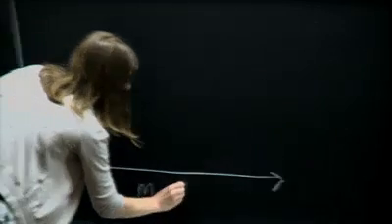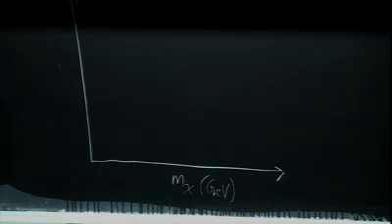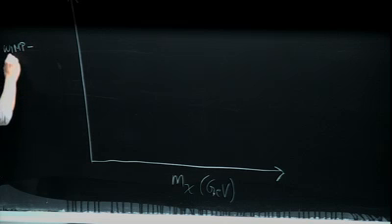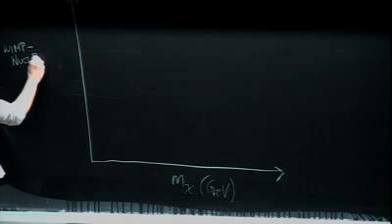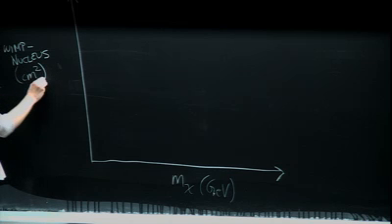The limits tend to be shown on plots where the x-axis is the mass of the dark matter, and the y-axis is the interaction cross-section between the WIMP and the nucleus. And usually it's shown in terms of centimeters squared.